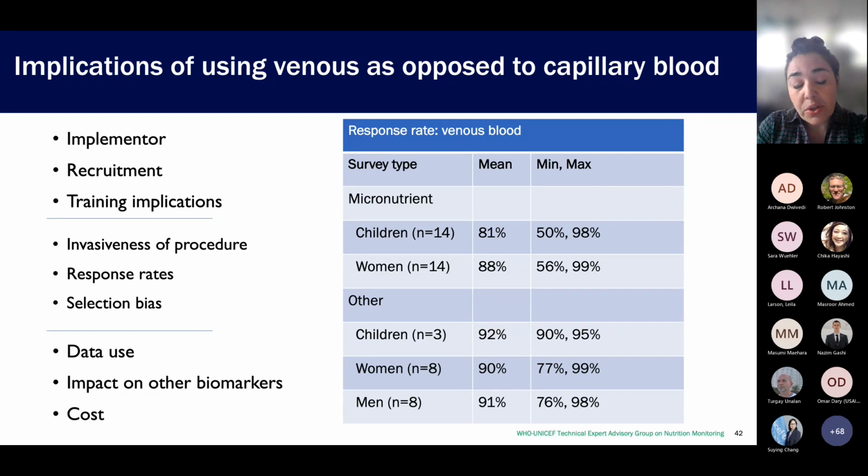Country buy-in for using venous blood may be less of an issue when the survey is implemented through a Ministry of Health. In terms of recruitment of staff, because of the scale of these surveys, a very large number of certified phlebotomists is required to collect venous blood.